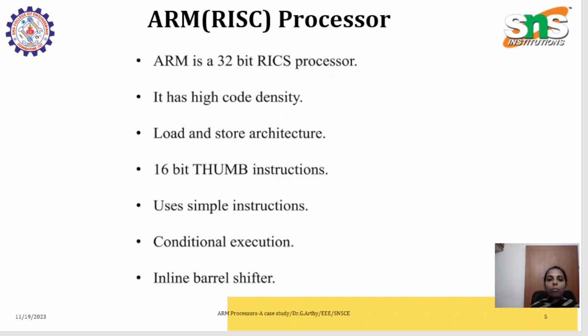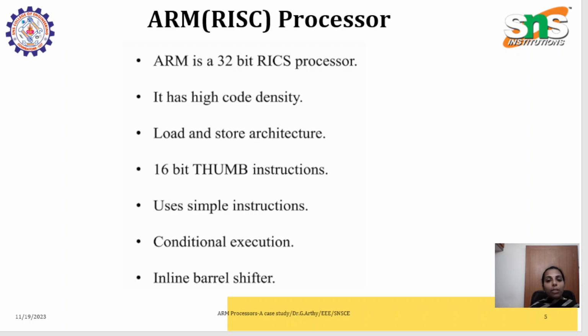Now coming to ARM. ARM has a 32-bit RISC processor. This is a special feature of ARM which helps to improve the performance of the architecture. It has a reduced instruction set computing architecture. It has high code density. It is a load-store architecture.